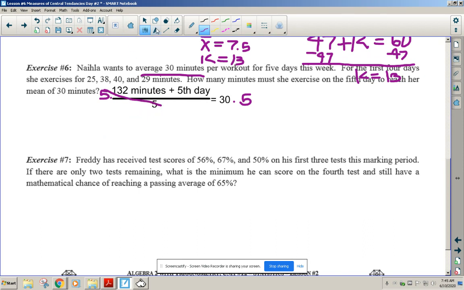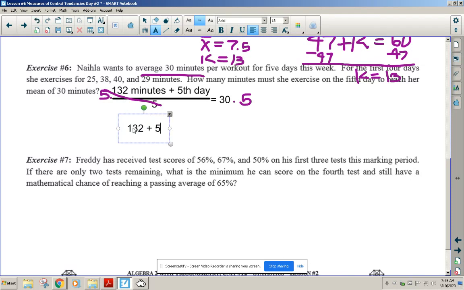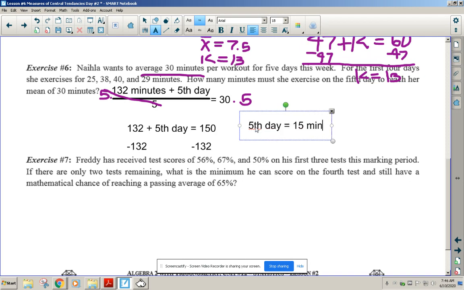So if I have 132 plus the 5th day is equal to 150, and I subtract 132 from both sides, then I find out that on the 5th day she only has to exercise 15 minutes to get that average.